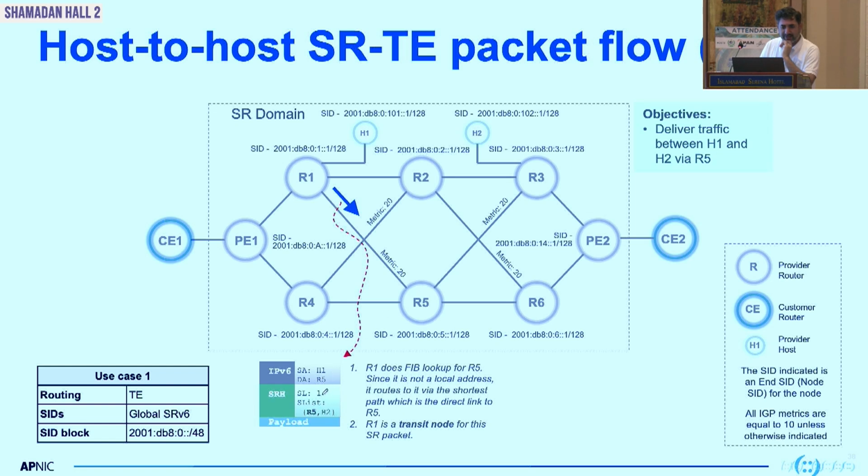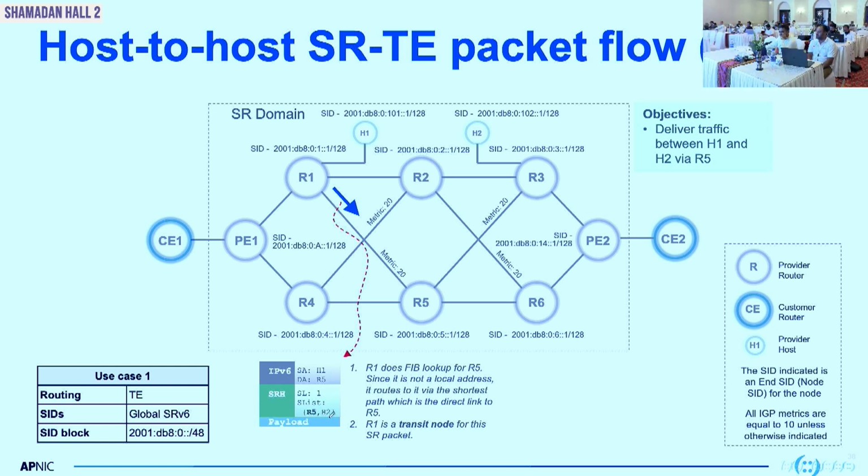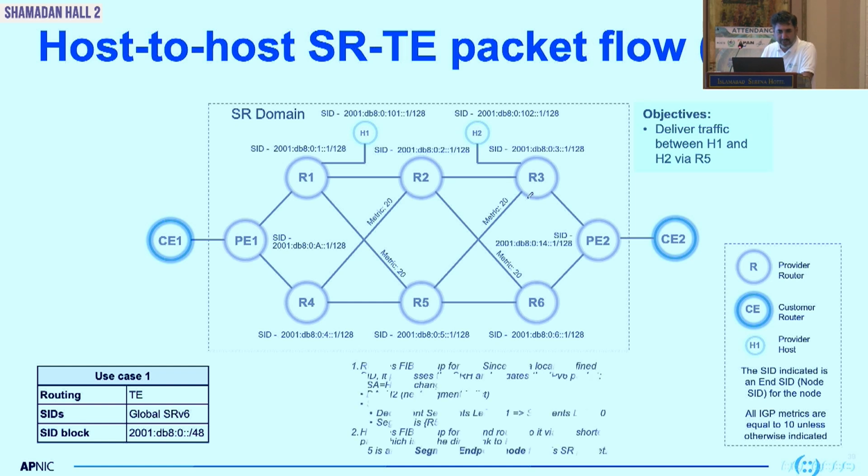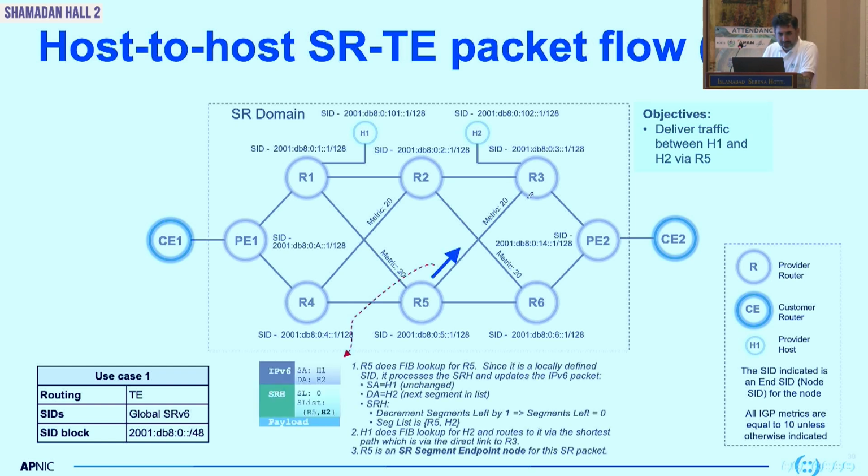So it will decrement the segments left field, copy the next address in the segment list to the destination address, then do the lookup based on the destination address and forward it to the next hop. The traffic will reach from R5 to R2. Once it reaches R2, it will check the destination address, which is H2, and is not the same as its own IP address.